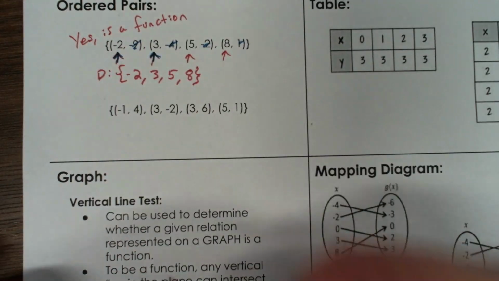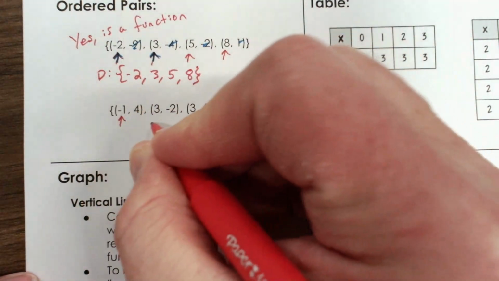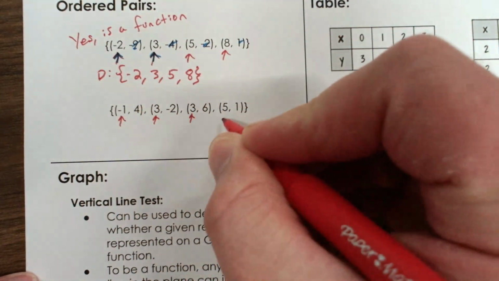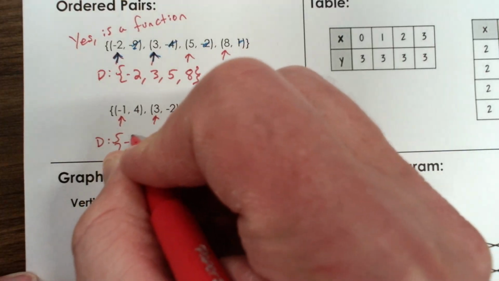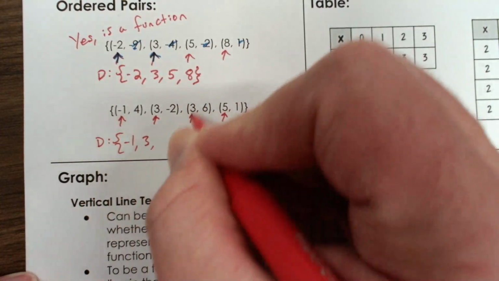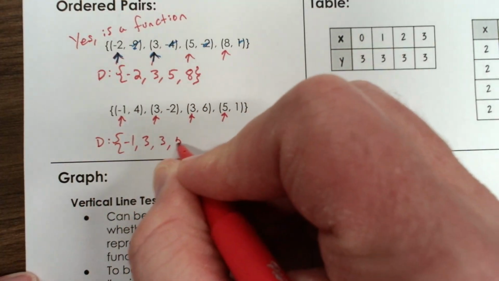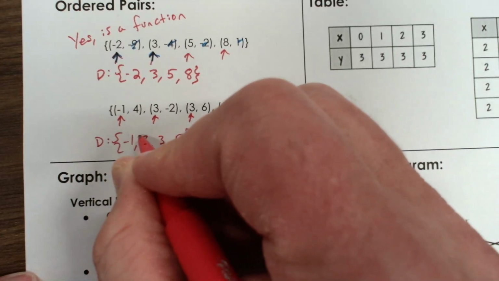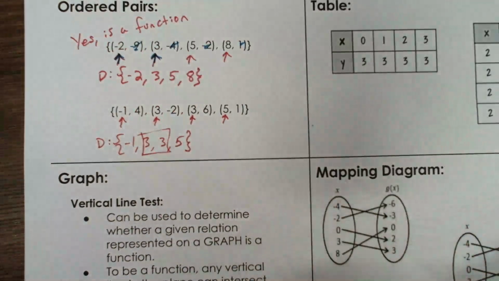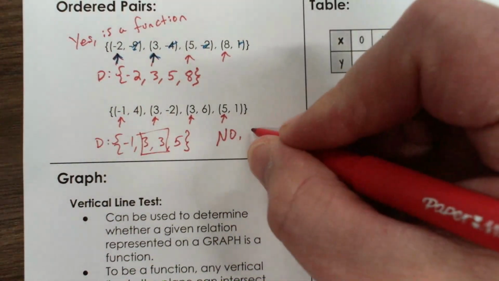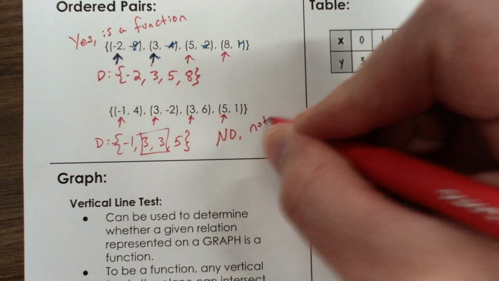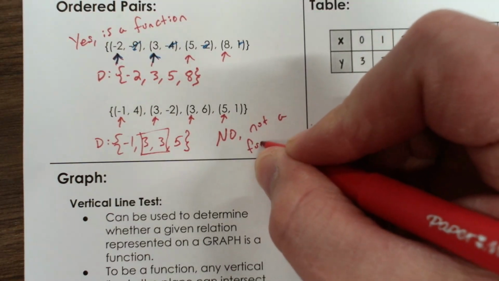So here, again, our domain values are the x values. Our domain is -1, 3, 3, 5. So because these guys repeat, that is no, not a function.